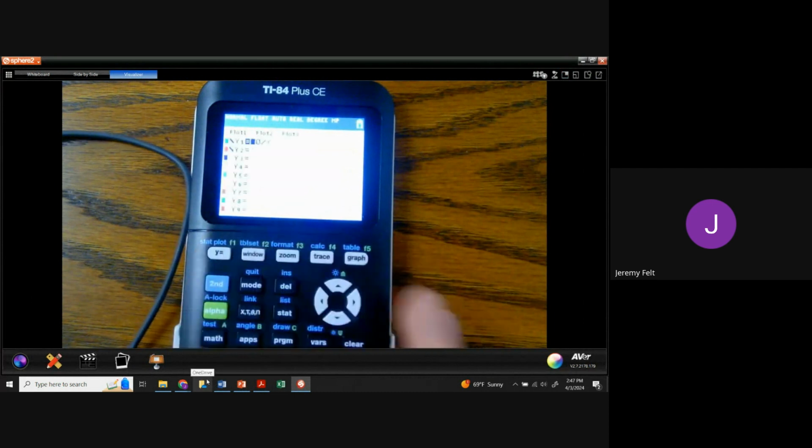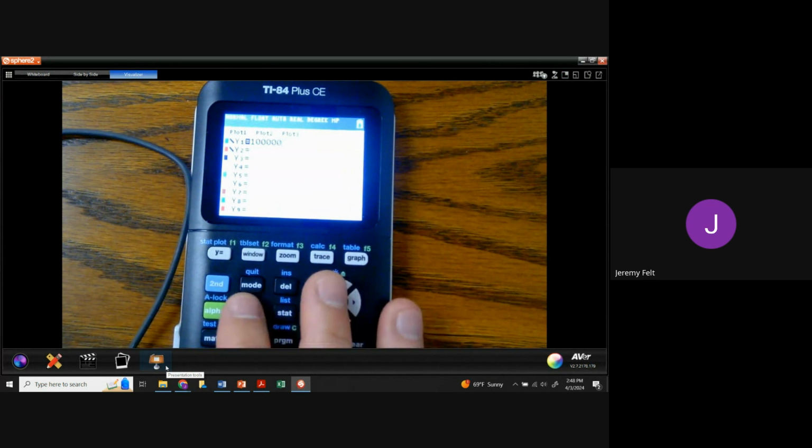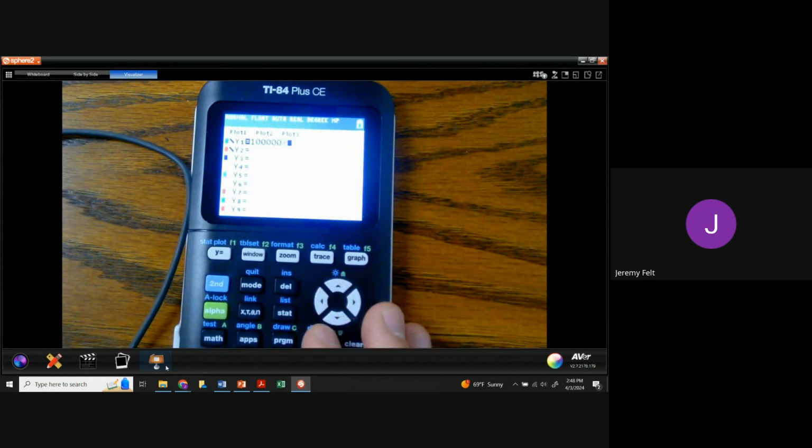But let's say we have, well, let's just graph it to make it a little bit easier. Let's say we have $100,000 and we're multiplying it by 3%.